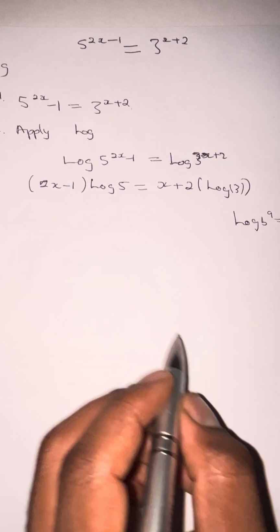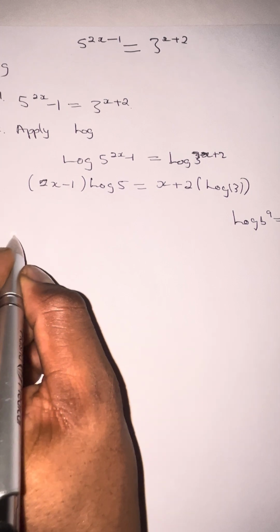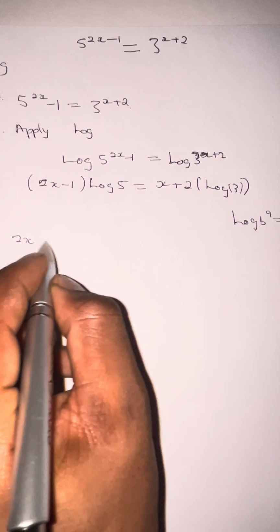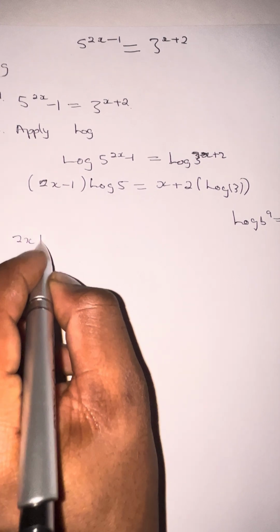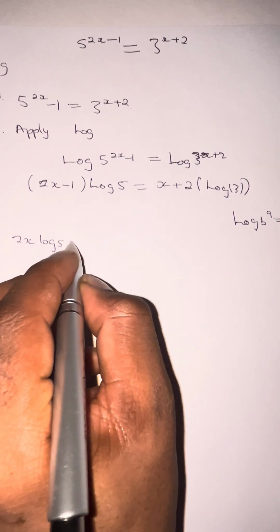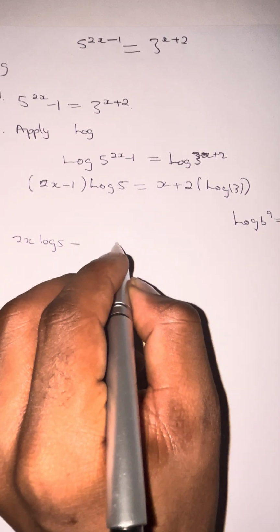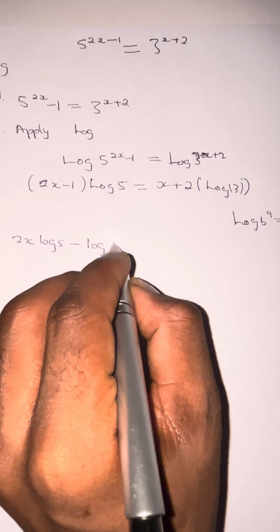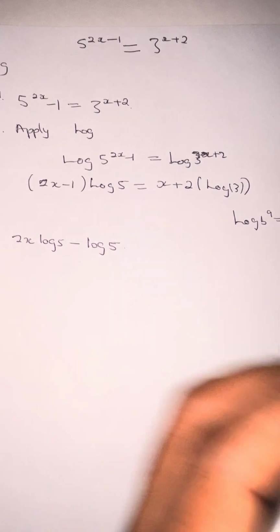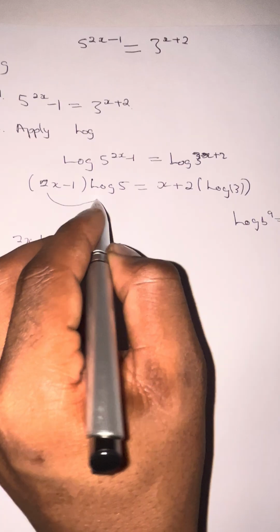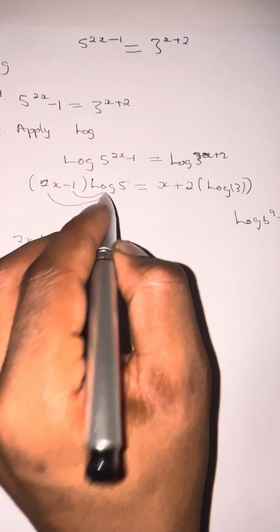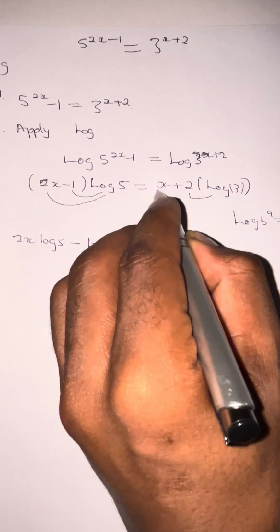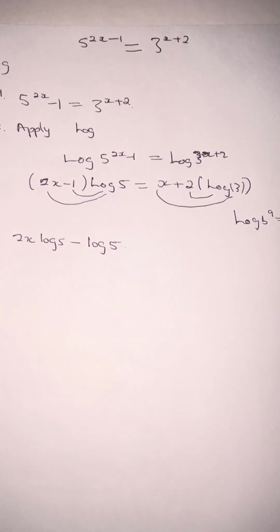We say 2x log 5 minus log 5, multiply by this, multiply by this, multiply by this, multiply by this.